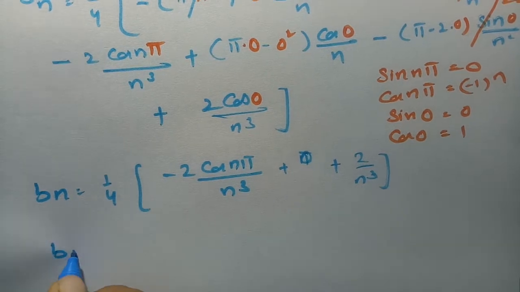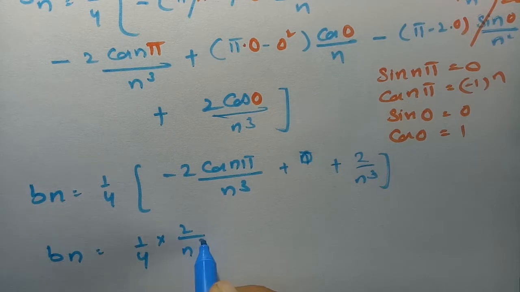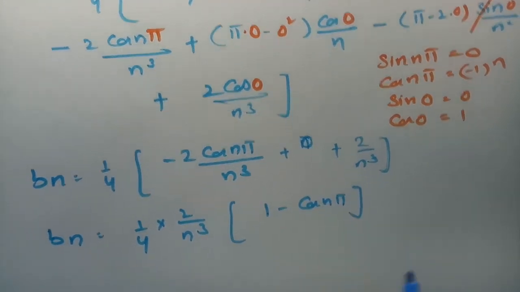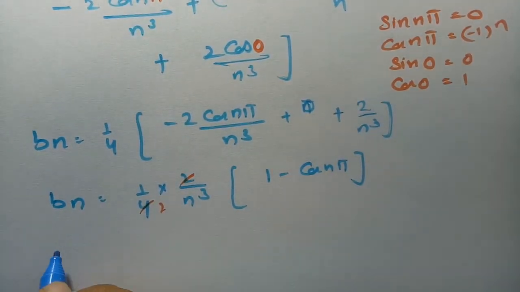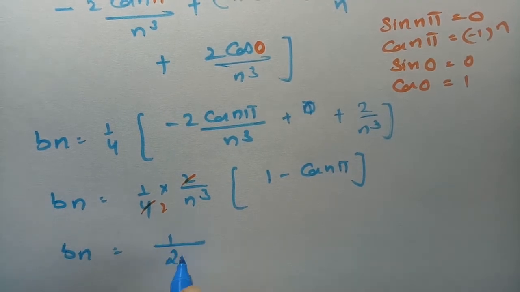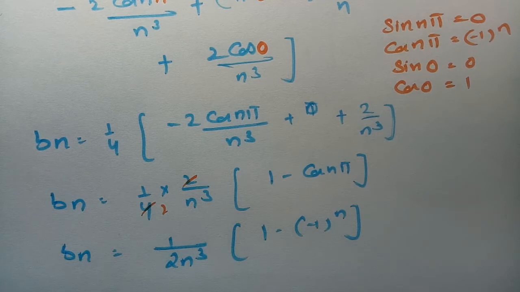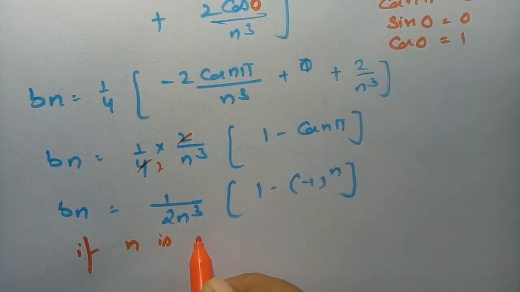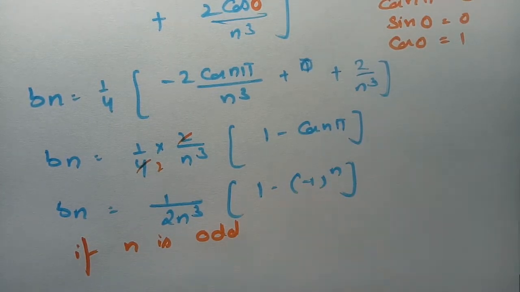Now Bn value is equal to 1 by 4, if I take 2 outside and n cube also, then this will be 1 minus cos n pi. If I cancel this 2 times, then Bn value is 1 by 2 n cube into 1 minus minus 1 power n. If n is an odd number, like 3 or so, this will be minus of minus, so the value will be plus.